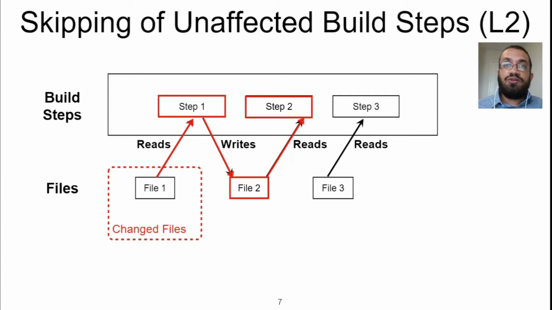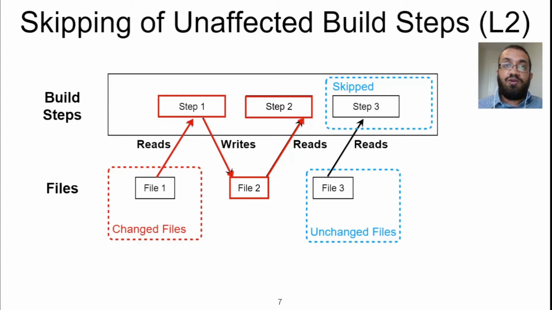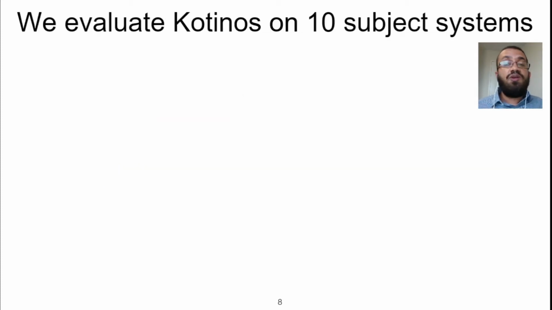This means Kotinos has to execute step 2 as well. However, during this commit, file 3 is not modified. Therefore, step 3 is not affected. That means step 3 in the build process can be skipped and only steps 1 and 2 will be executed, saving some time. Next step was evaluating these two approaches that we implemented.